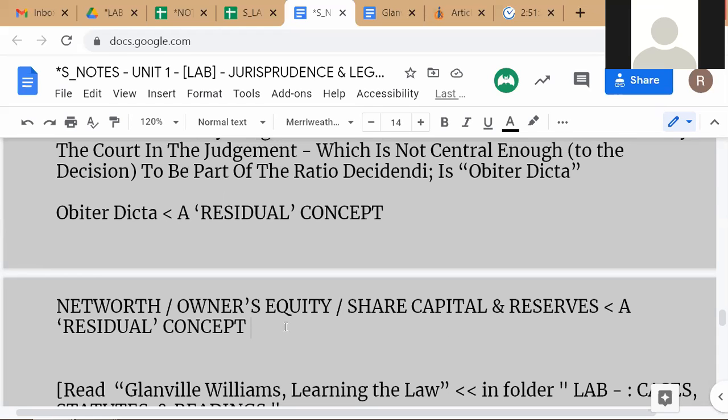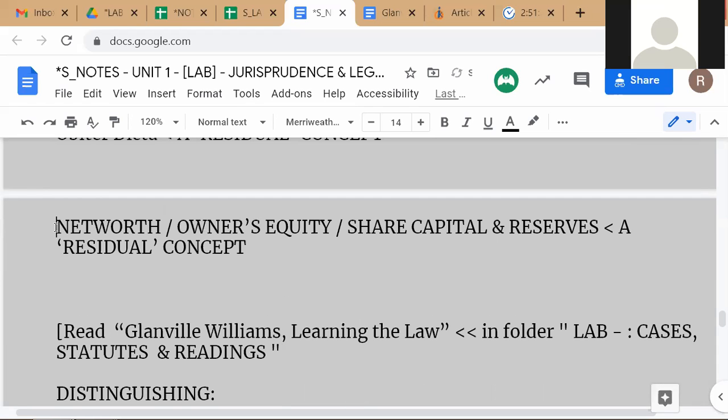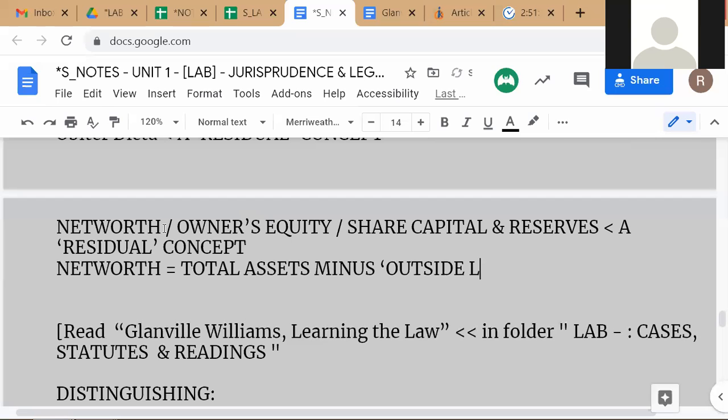So a residual concept, why? Because the formula for net worth is total assets minus what we call outside liabilities. Outside liabilities is a term that we use, and it's a finance term.